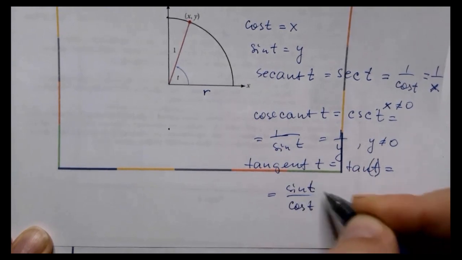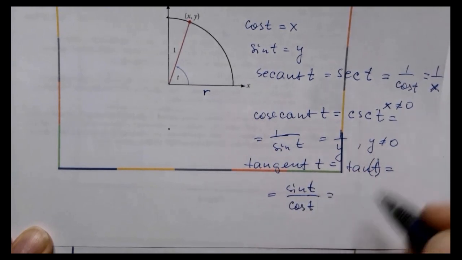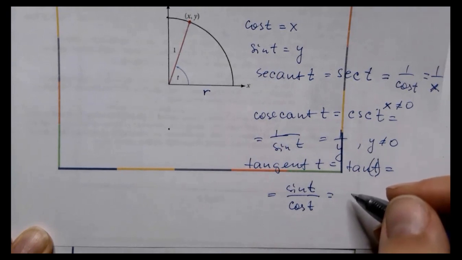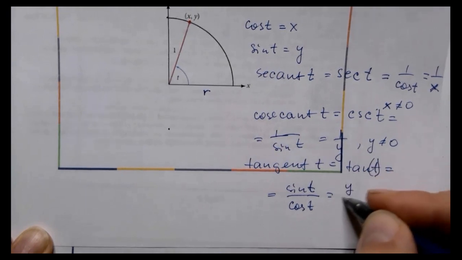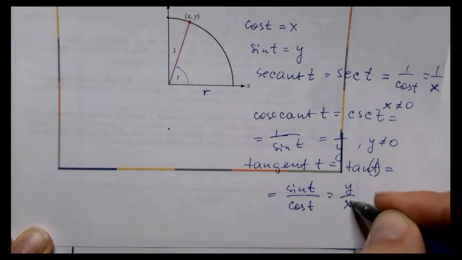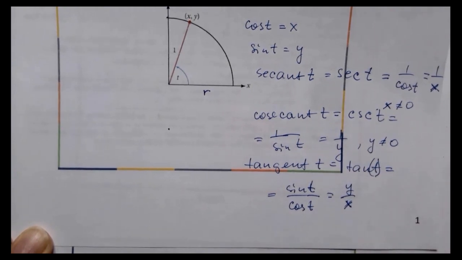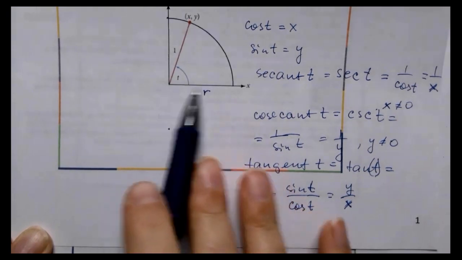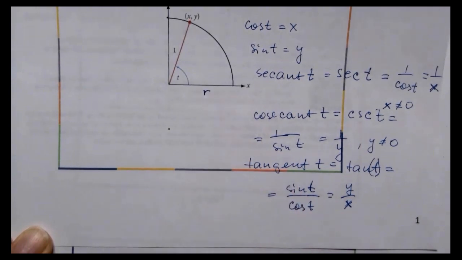So for the unit circle, and actually for any other circle, it's the y coordinate divided by x. It's a proportion of the sides, which will stay the same for any size of the triangle, remember? So it does not actually depend on the radius of 1 anymore.